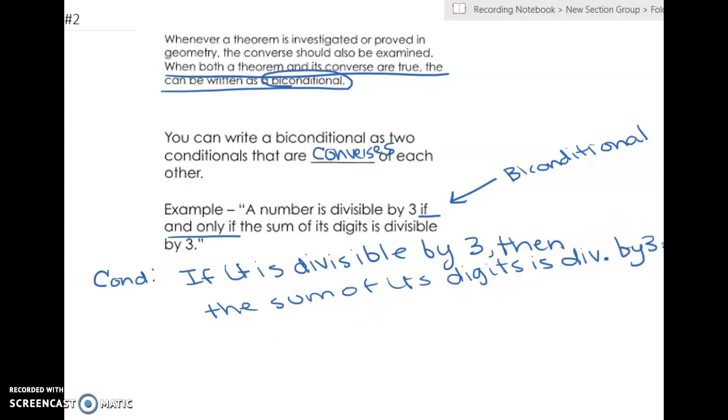Okay, if it is divisible by 3, then the sum of its digits is divisible by 3. That is a true statement.